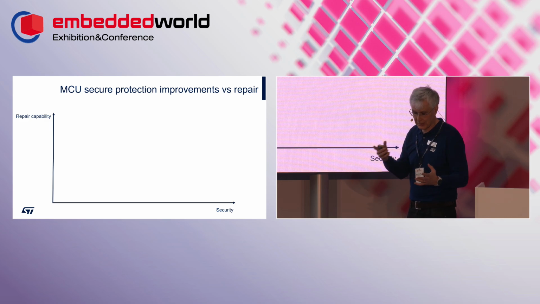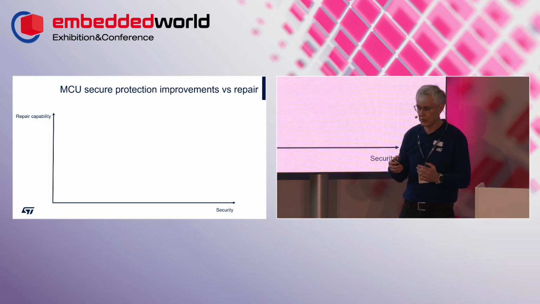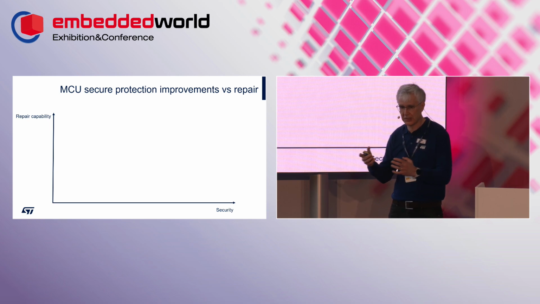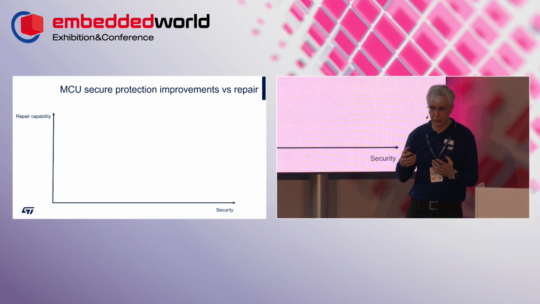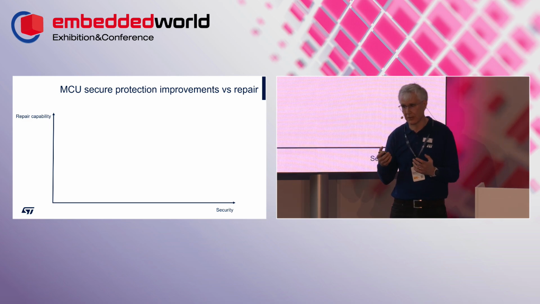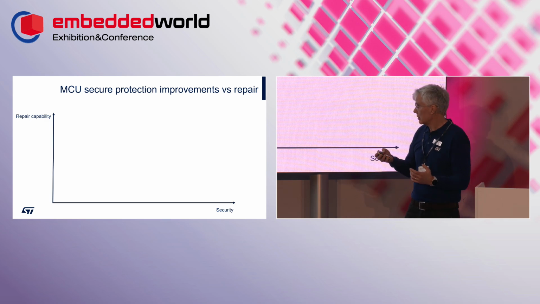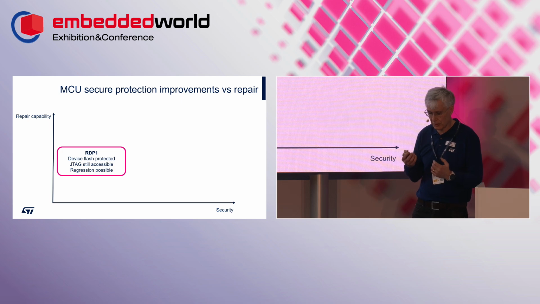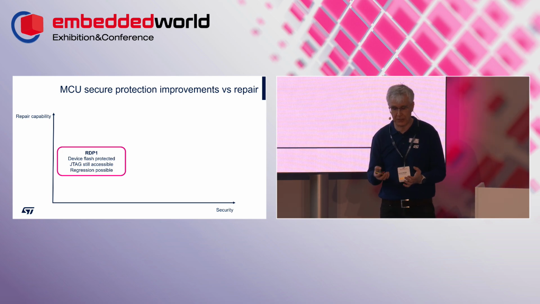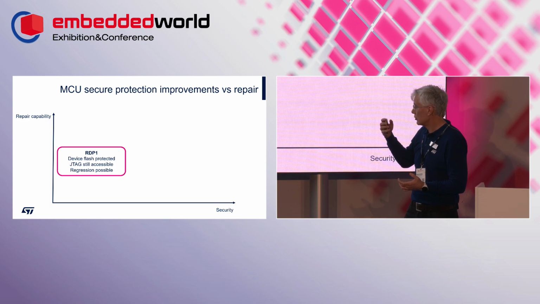So just to give you a way to see how things have evolved at ST, because we try to give the best experience to our customers. We started with this protection of the device that was called RDP, that is still called RDP1, that allows you to do a regression.